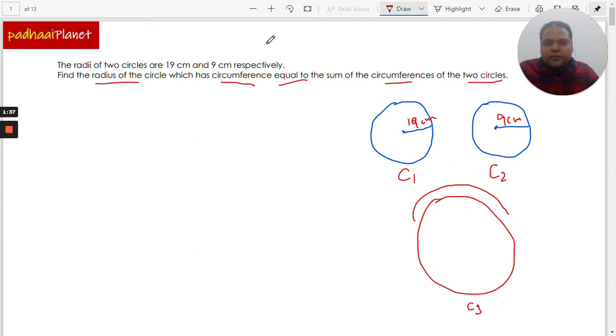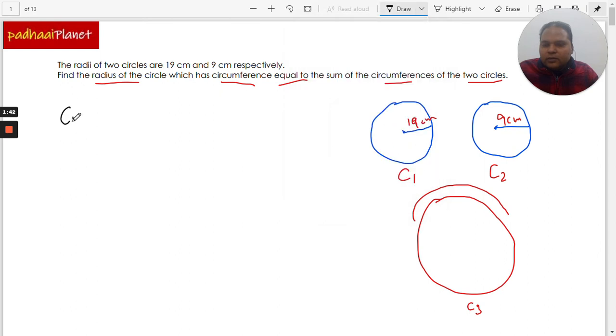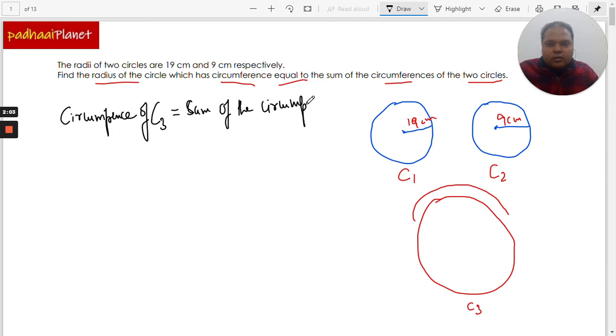So the relationship given in the question says that the circumference of C3, the third circle, is equal to the sum of the circumferences of C1 and C2.